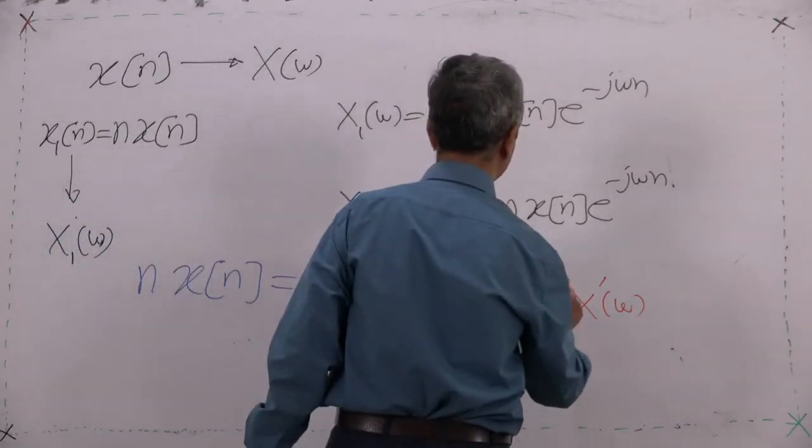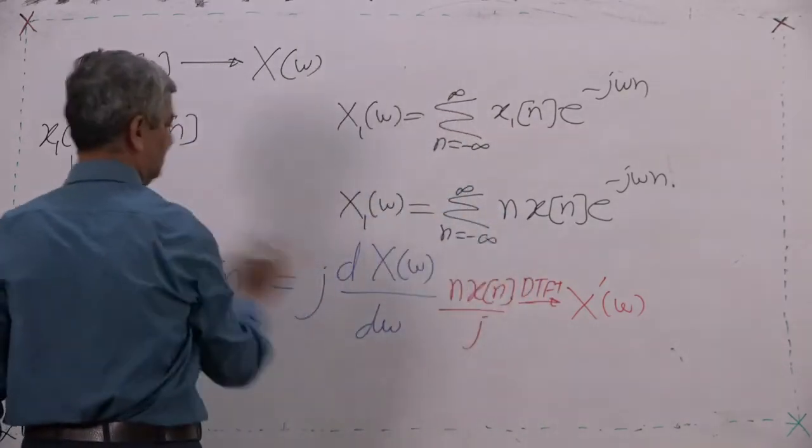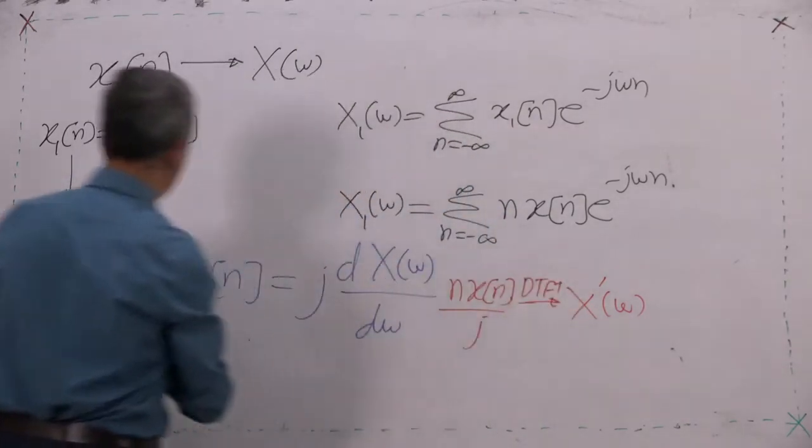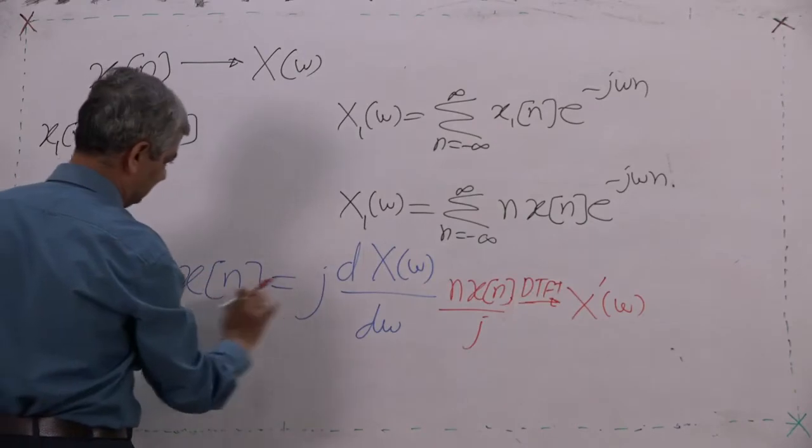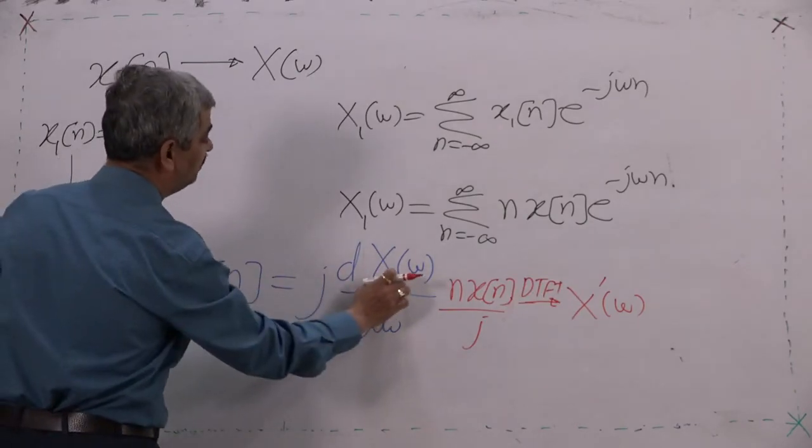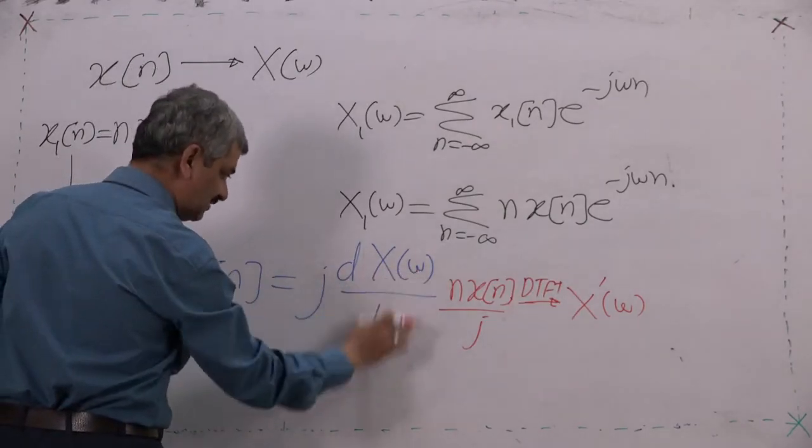In other words, the DTFT of n x[n] is j multiplied on the other side. So the DTFT of n x[n] is j into the derivative of X(omega).